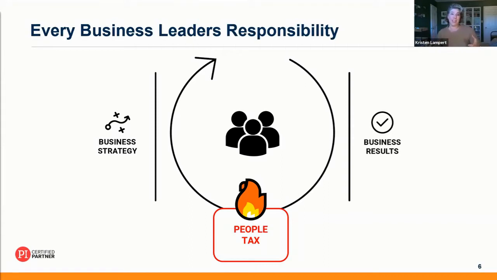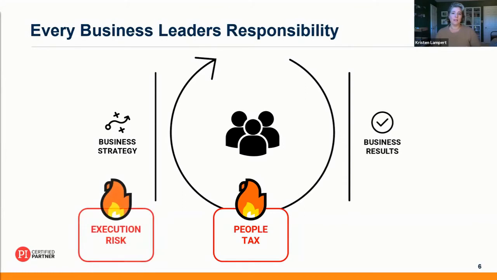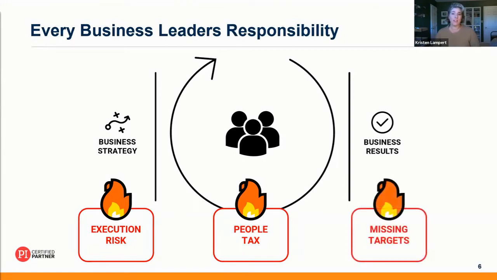It could be around engagement, right? Or lack thereof. And that people tax has real execution risk when you think about how we show up in our ability to drive strategy, and fundamentally puts us in a position of missing our targets. So what I tend to do as a consultant is help organizations address those people areas so that we can actually keep the business on task and execute on their goals.